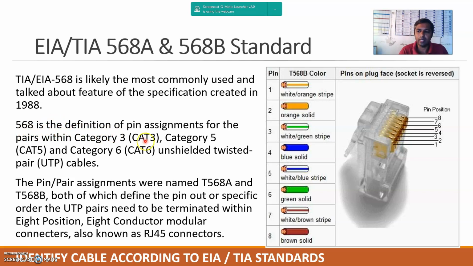Pin assignment is how we prepare the crossover cable and straight through cable. At the cable end you find 8 conductors of different colors, and as terminator we use an RJ45 connector.